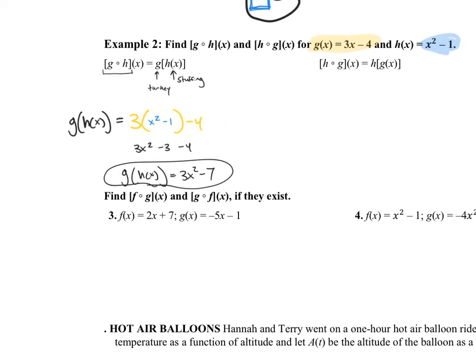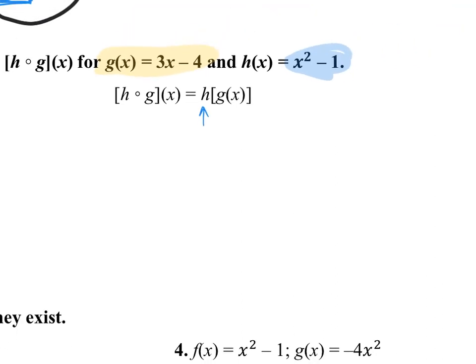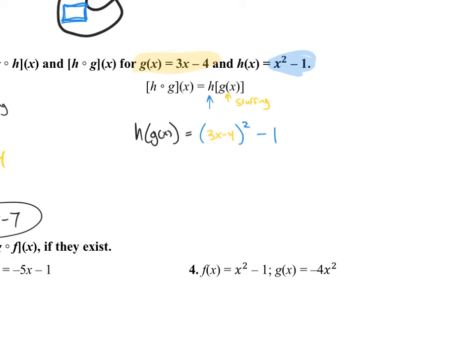So let's do it the other way around. This time the turkey is H. So I'm going to write out turkey H, but instead of X, that's where I'm carving the hole. So there's turkey H. The stuffing in this case is G. So inside the hole that we carved, I'm going to input stuffing G. And this is what H of G of X would look like. It's a turkey H with G stuffing inside.